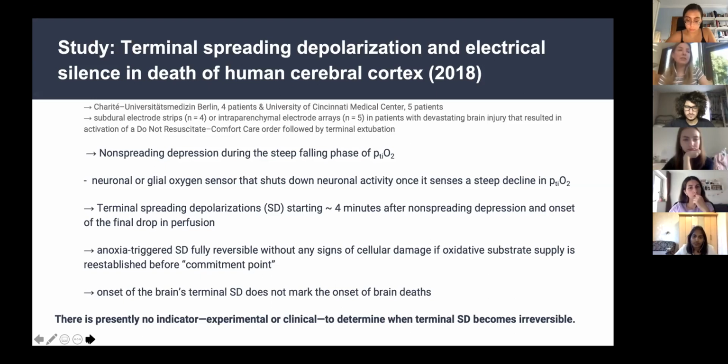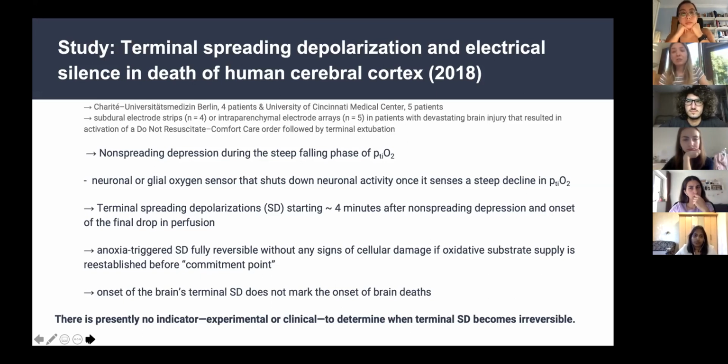And then afterwards, they found again, as compared to the study in the rats, for example, a terminal spreading depolarization, so a higher activity in the brain, starting 4 minutes after non-spreading depression and onset of the final drop in perfusion.